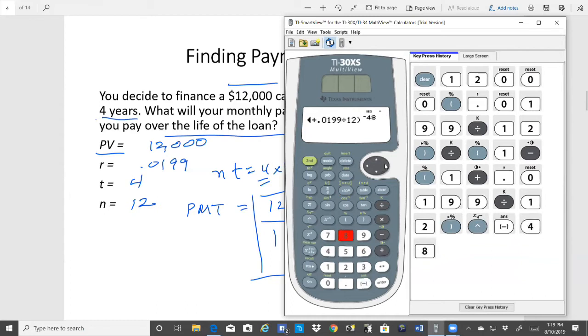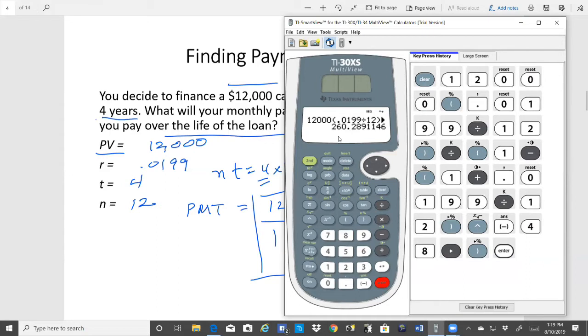And then we're going to close that whole thing with the right parenthesis, and then hit enter.